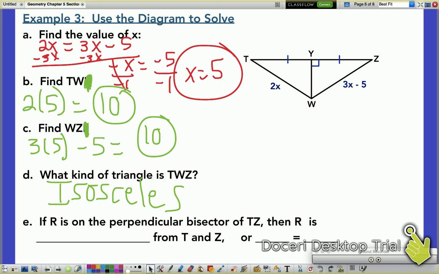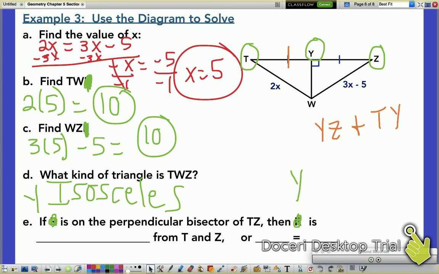So if this is supposed to be y, if y is on the perpendicular bisector of TZ, then what it's asking is, what's the relationship of y to the segment TZ? So think about this. What is the relationship of YZ and TY?